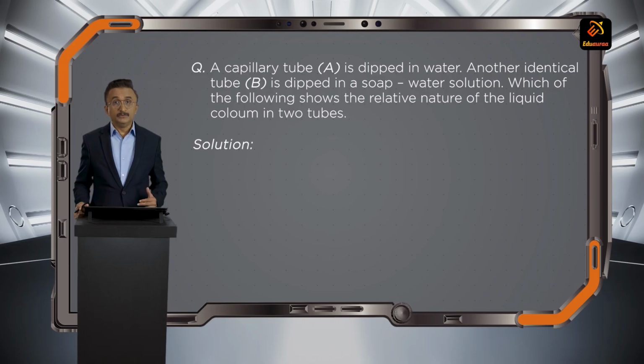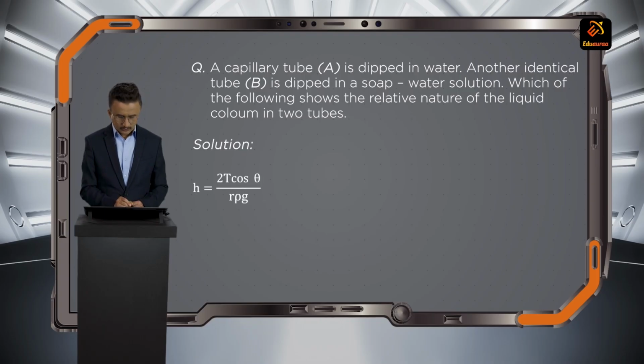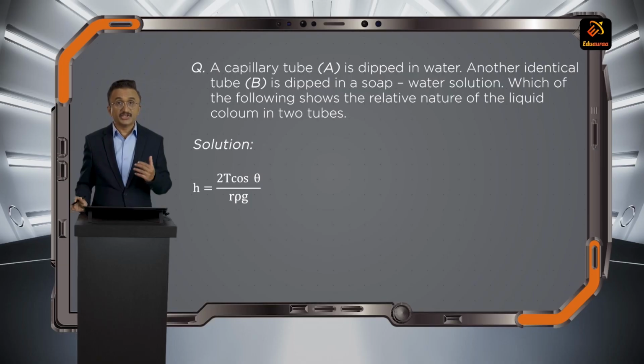Now the height of the liquid column in the capillary is given by h = 2T cos theta upon r rho g. Now the radius is the same. Rho does not remain the same, and the very important one, the surface tension and the height are directly proportional.